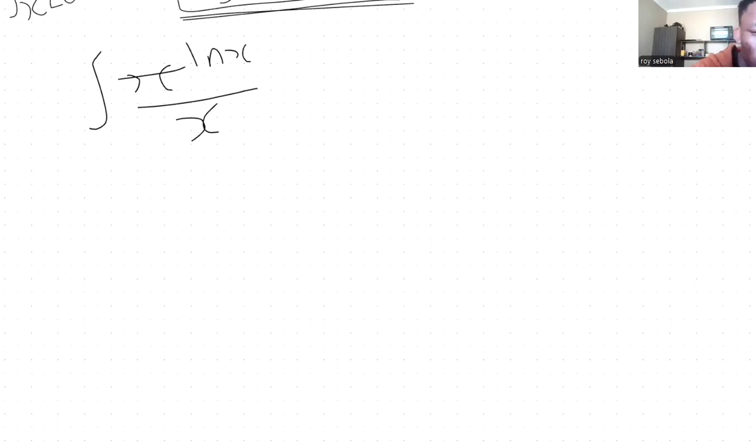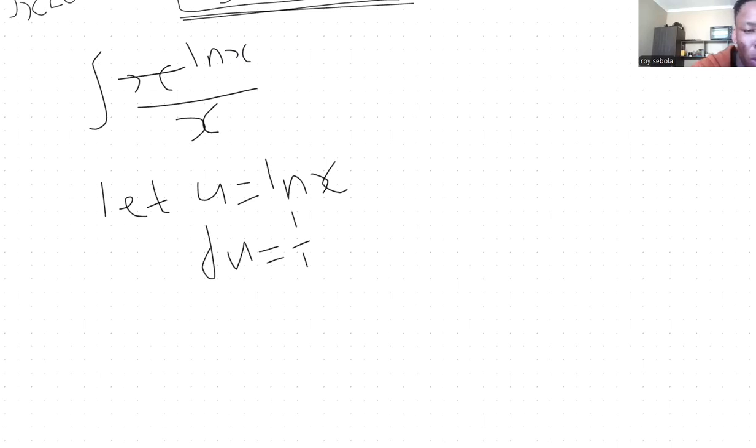That means du by dx will be equals to 1 over x. Therefore, dx is equals to x du.